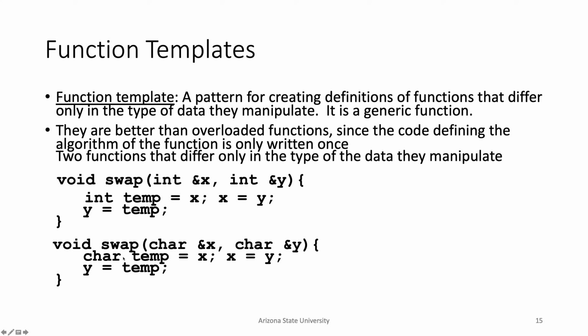But the problem is, what if I wanted to swap user-defined types that are not known in advance to me? I can't write this swap function for them because I don't know what their type is going to be. So a function template is basically like a blueprint for a house.